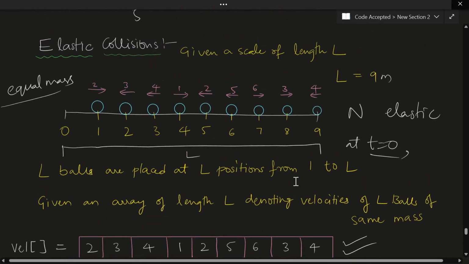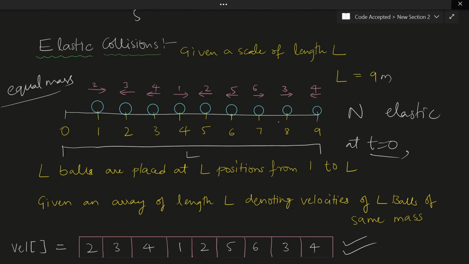Now let's solve this case of the problem. Consider the ball at 9.